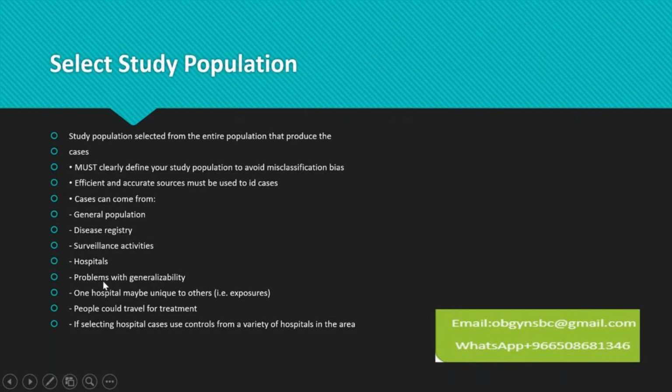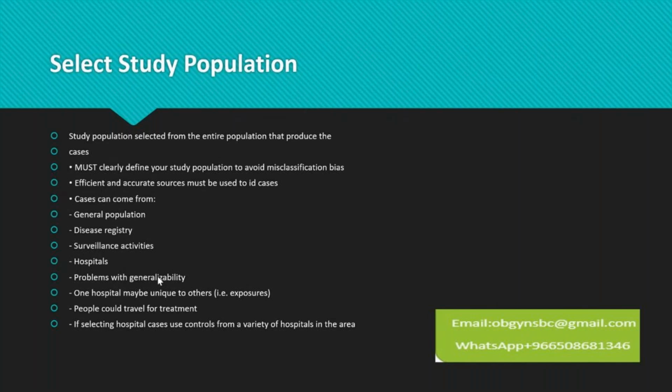There can be problems with generalizability because you are just observing a population of people in the study which has been taken from the entire population. So we cannot generalize the results. What is generalizability? It means applying the results obtained from your case control study to the larger population, like the population of that city.